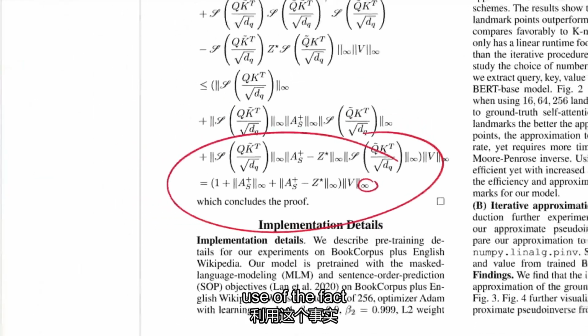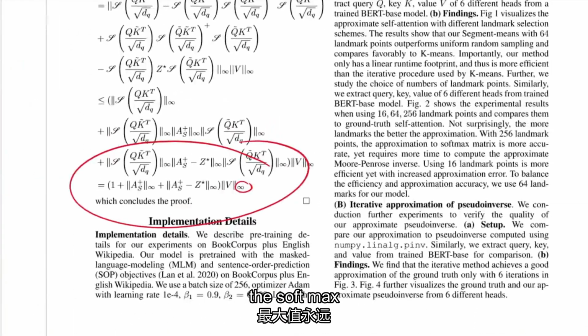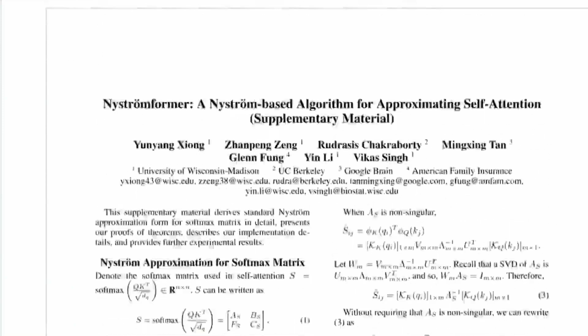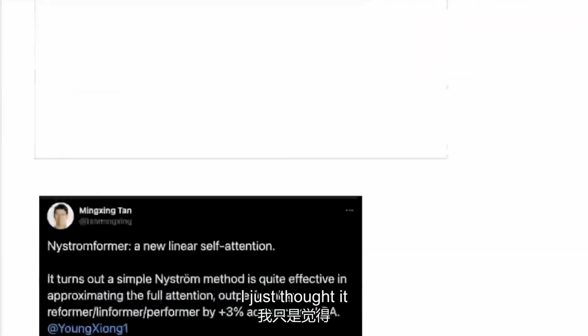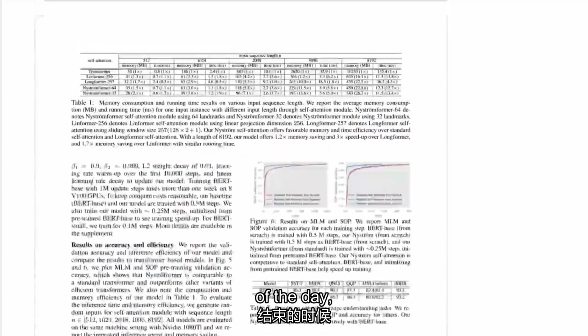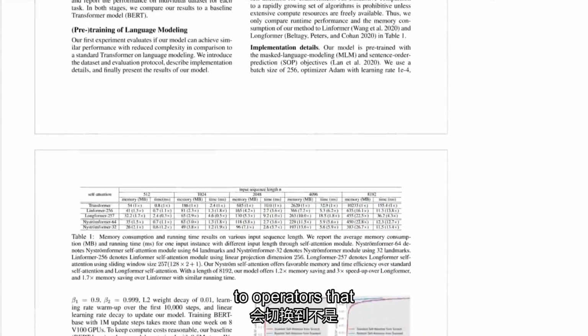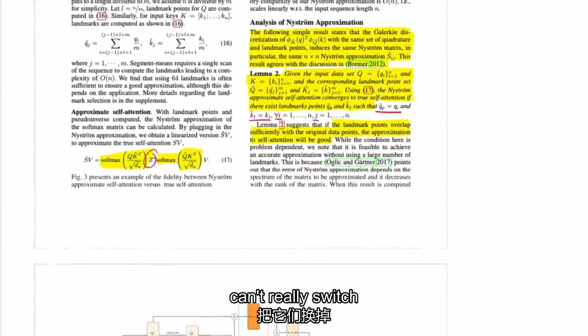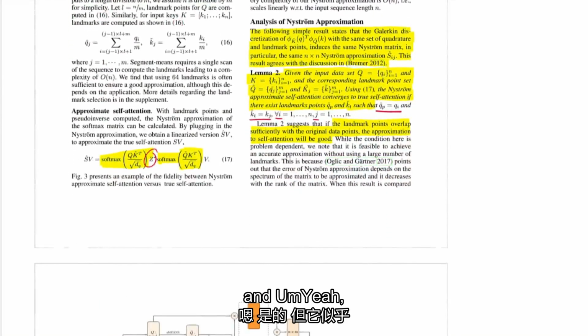So you can make use of the fact that the softmax never goes over 1 and things like this. Right, so there is a bit of math behind it. I just thought it was funny because, you know, at the end of the day, you do switch to operators that you can't really switch. But it appears to work.